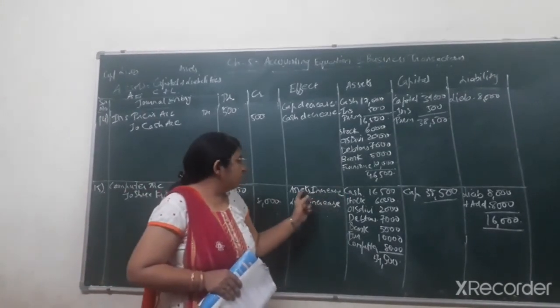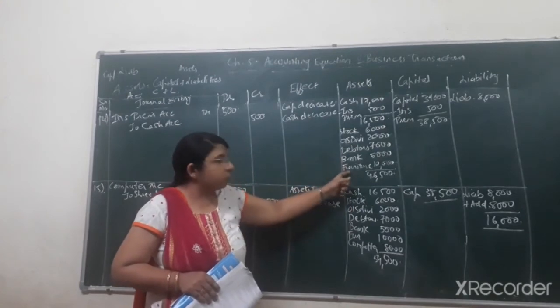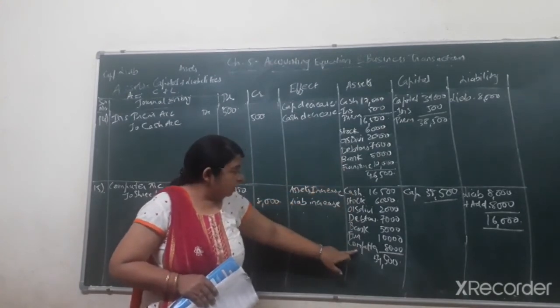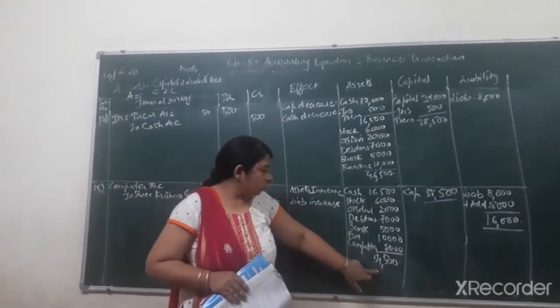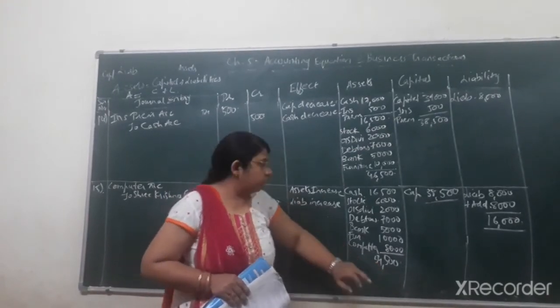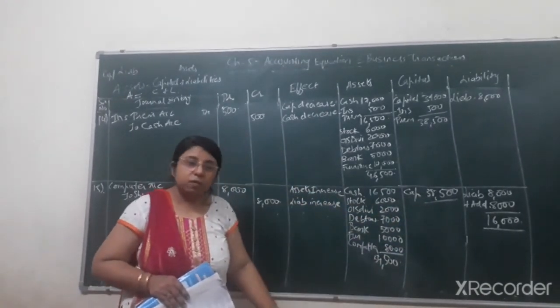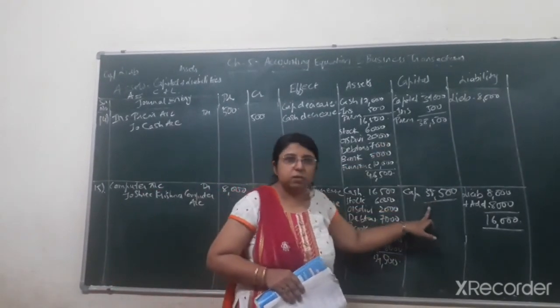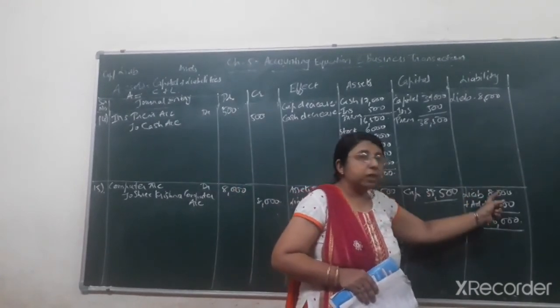So one effect is that assets would increase. You can see all the other assets I have written as they were from the previous transaction, and I have just added the computer, that is 8,000. So the new balance of assets will come to 54,500. In the case of capital, it is as it is, 38,500 from the previous transaction. And the previous balance of liability was 8,000.